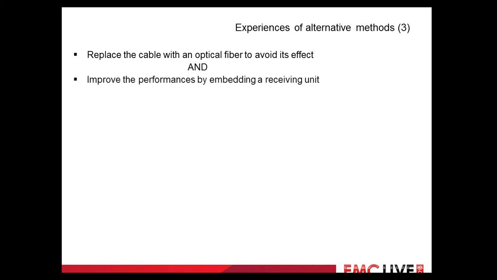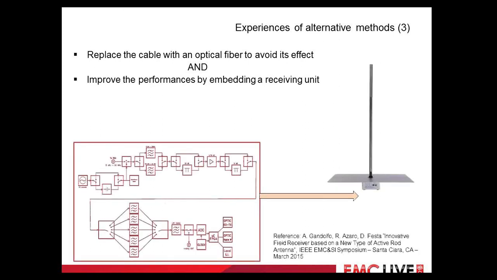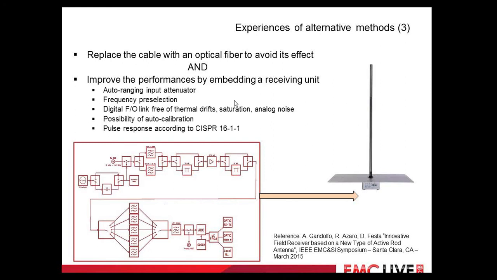So the further experience is to improve the performance by embedding the receiving unit into the antenna. This is a possible diagram of a measuring receiver, where we have a set of very well known functions, like the auto-ranging input attenuator and frequency preselection.